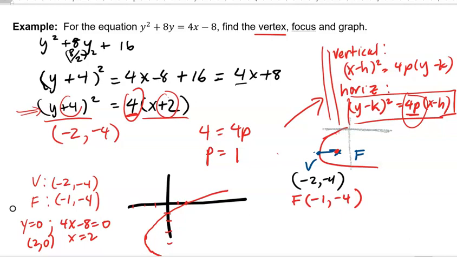Once we use that equation to find those landmarks, we then made a decision of which of these two equations, and in this case we chose the horizontal one, that we were going to equate the parts. When we selected our template, we were able to find the vertex, which we actually could do without knowing that this was going to be horizontal. But what was really essential was then to pull off that p, that focal distance.